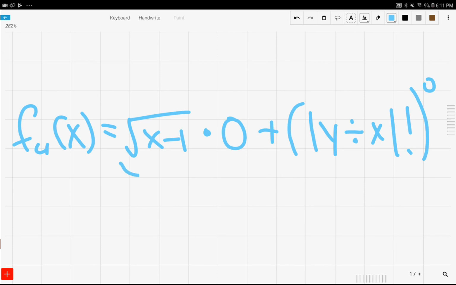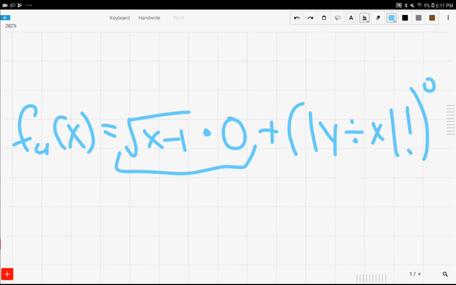So this is where this part comes in. If x is negative, then this square root right here will become an imaginary number, and that obviously gives us an error.